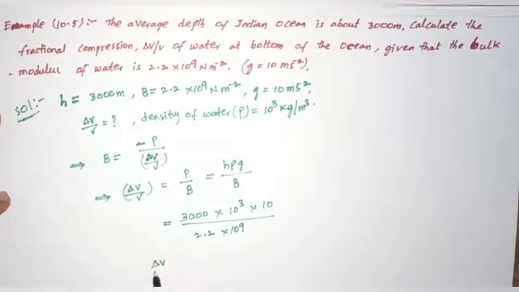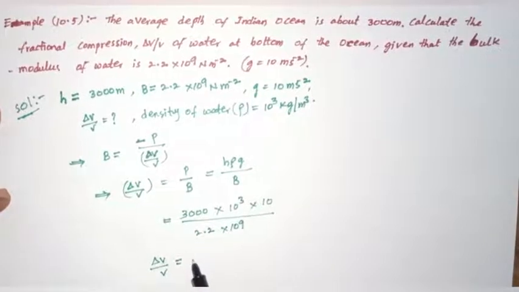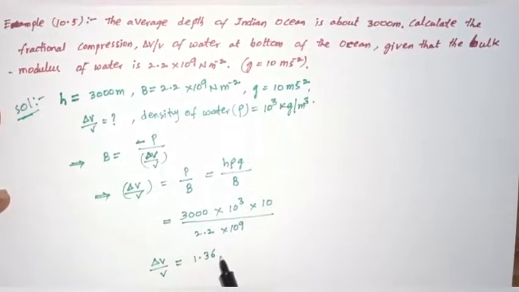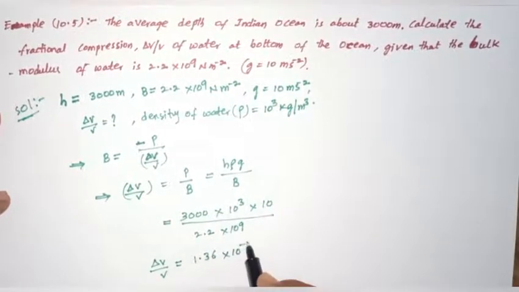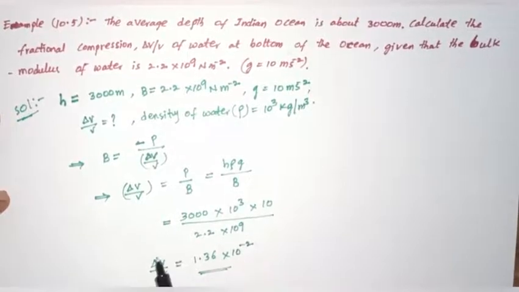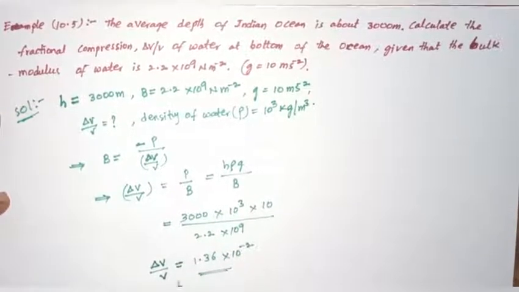So delta V by V equals 1.36 into 10 power minus 2. What are the units? No units, because delta V by V is volume by volume.